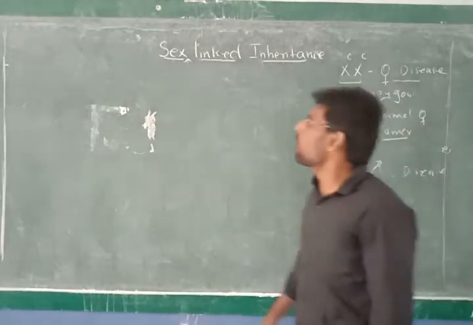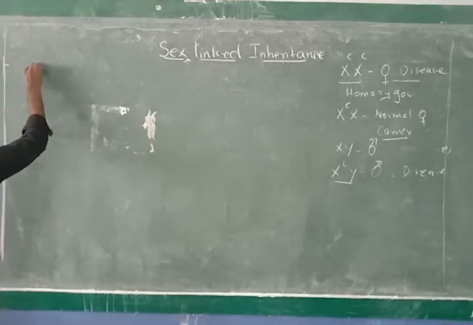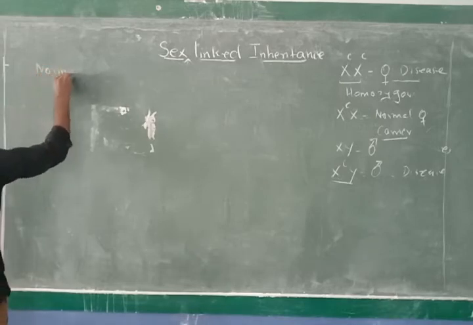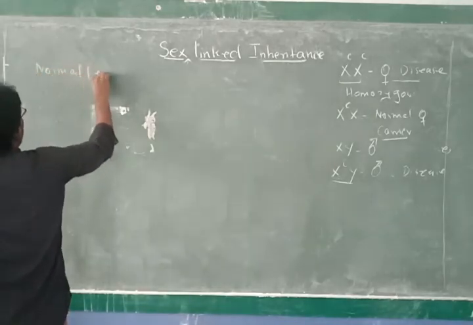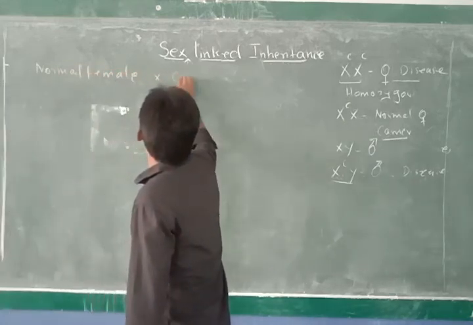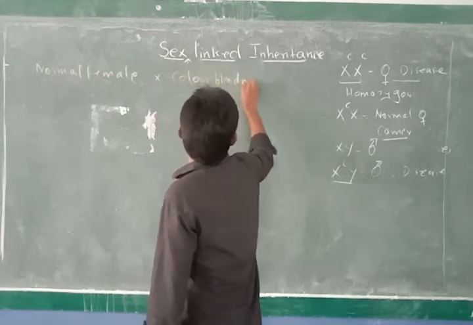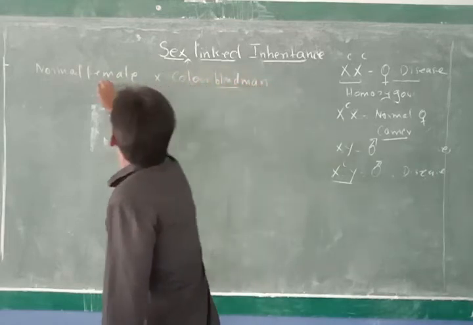Right. So now we will take two situations here. We'll talk about the normal female getting married to a color blind man. So this is the situation.